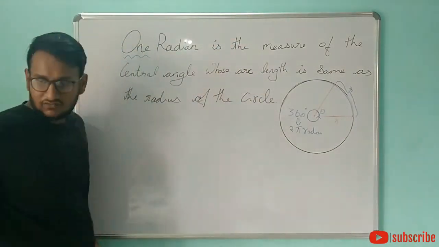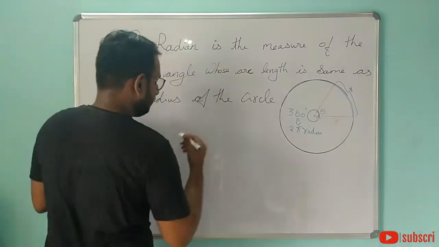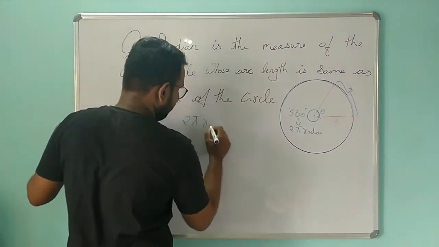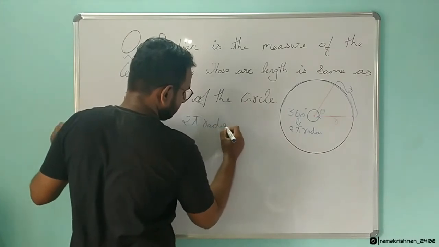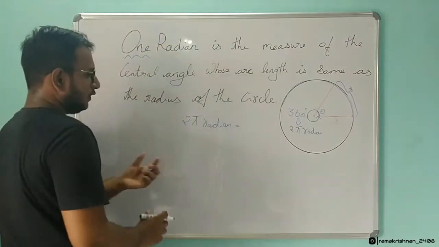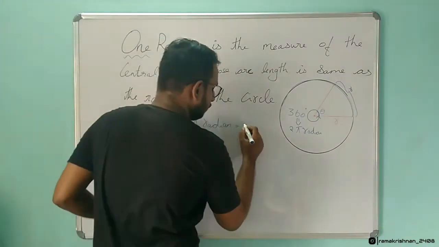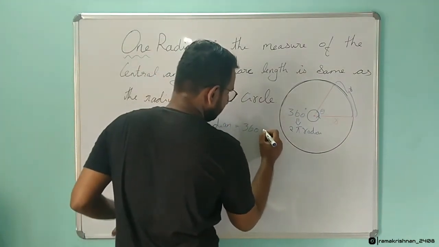So I have derived an equation that relates radians and degrees. 2 pi radian is equal to 360 degrees.